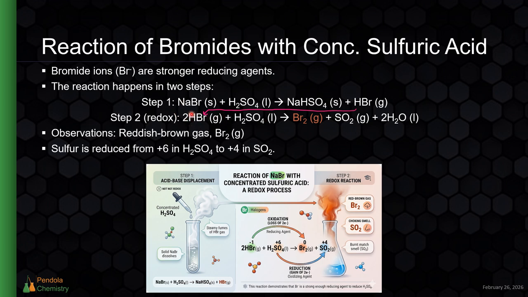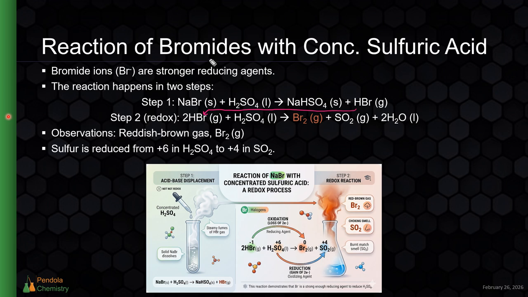The bromide ions act as a reducing agent where they reduce the sulfur in the sulfuric acid into sulfur dioxide. So this reaction creates three things. It creates sulfur dioxide, bromine gas, and water.